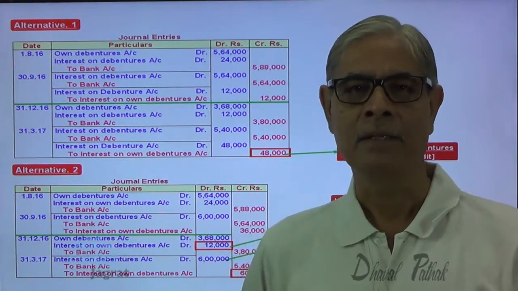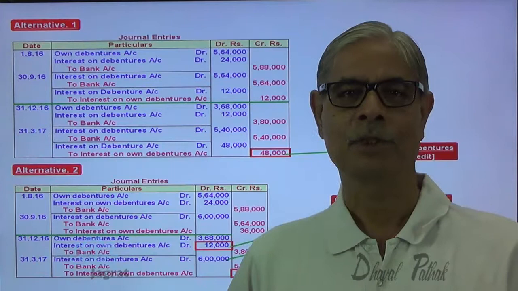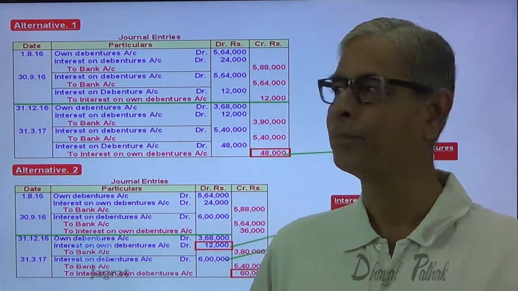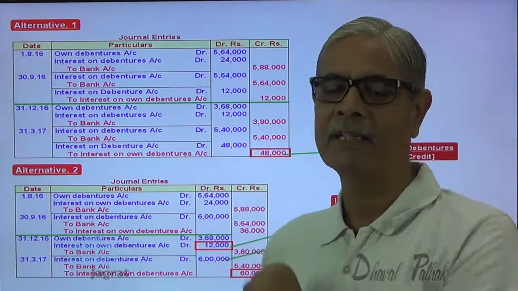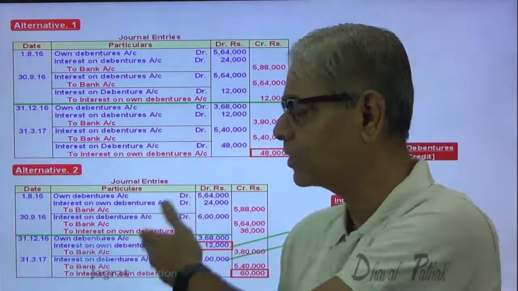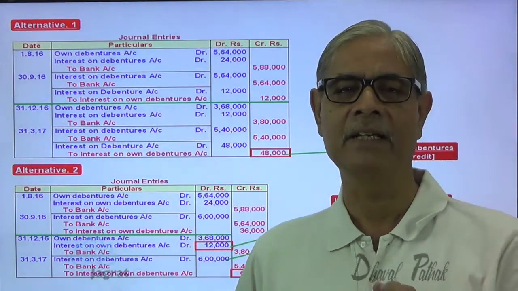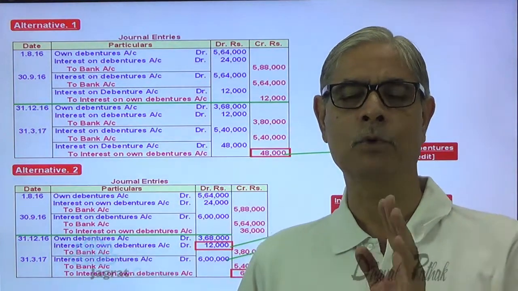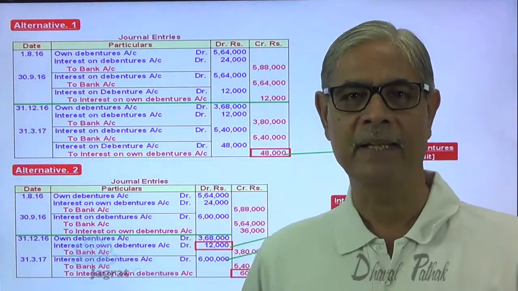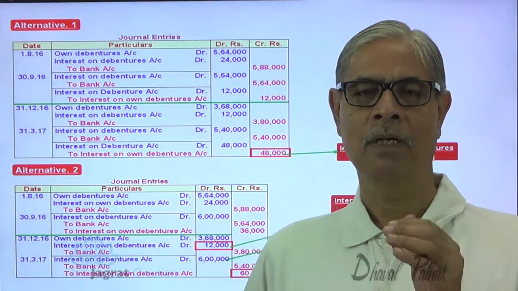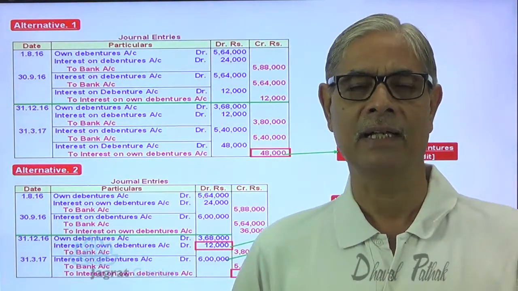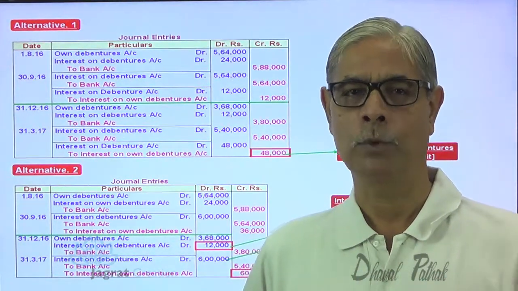The reason for selecting this sum is that students sometimes find journal entries by this method, and sometimes they find the journal entries in this form. They should be very clear that both the methods come to the same conclusion. To explain this concept clearly, I have selected this sum and explained it to you.